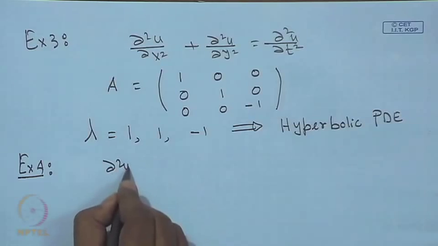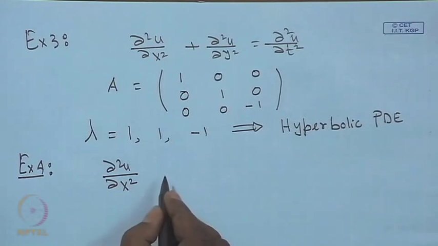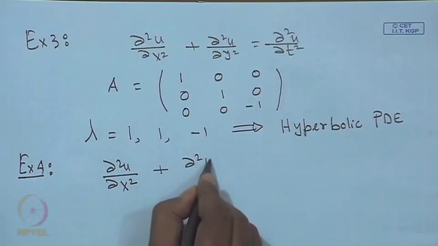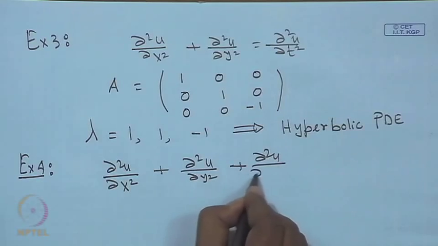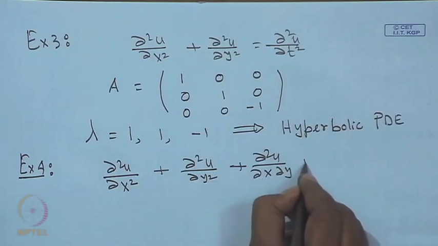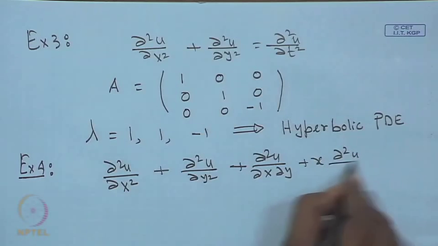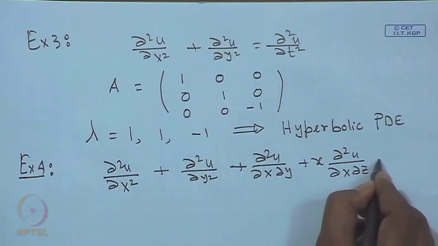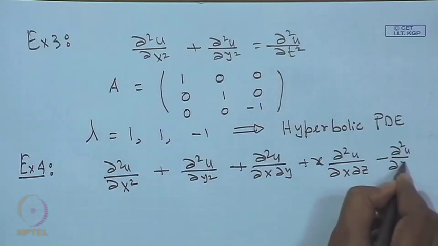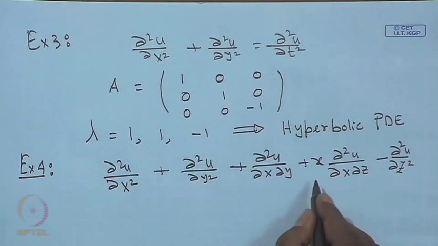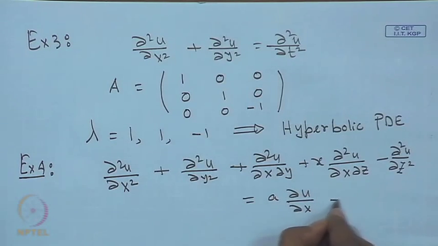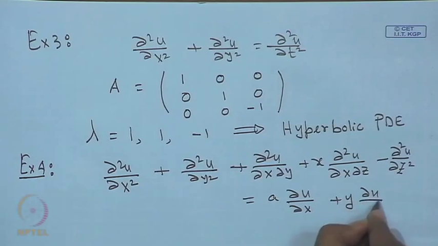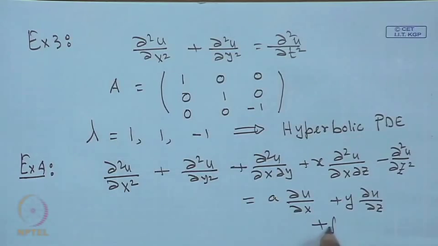Just consider this equation: del square u del x square plus del square u del y square plus del square u del x del y plus x del square u del x del z minus del square u del z square is equal to a del u del x plus y del u del z plus some function of x, y, z.